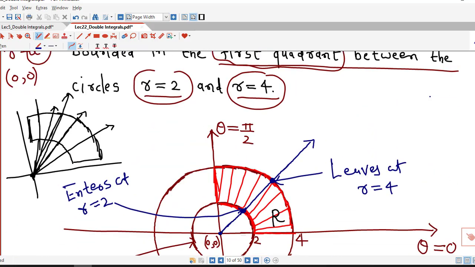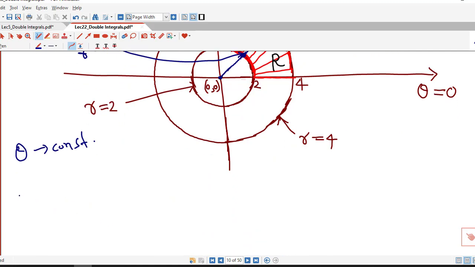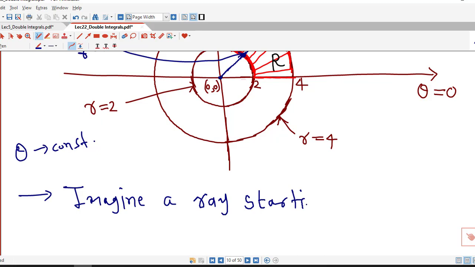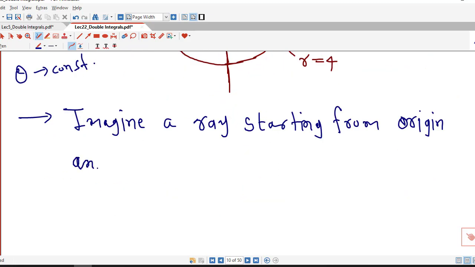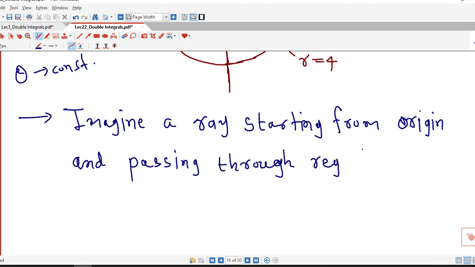First we mention this thing: we imagine a ray starting from the origin and passing through region R as shown in the figure.